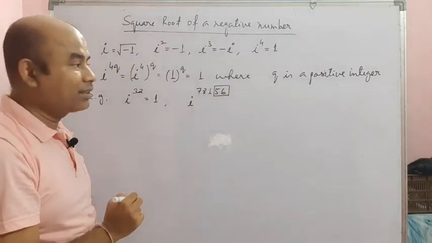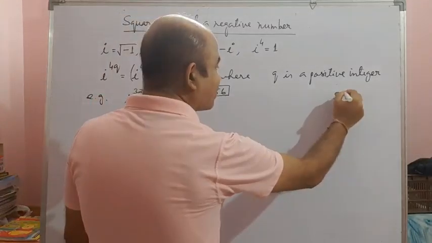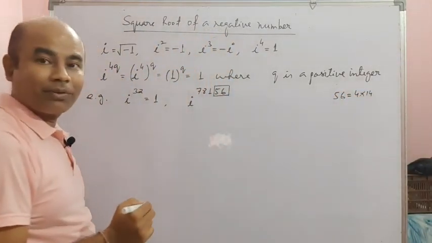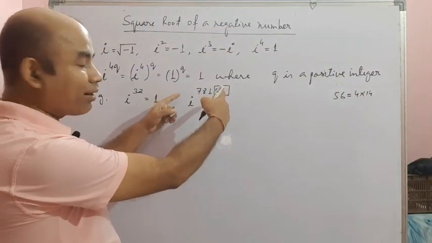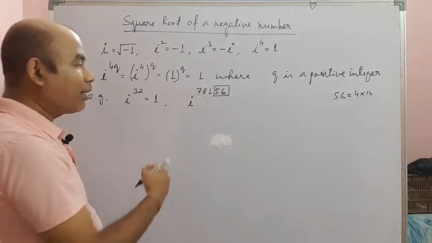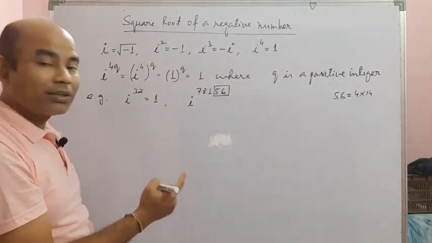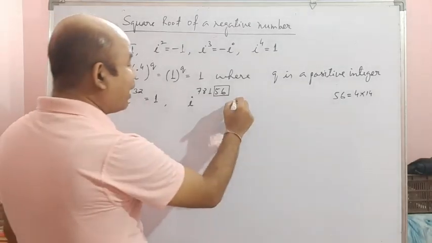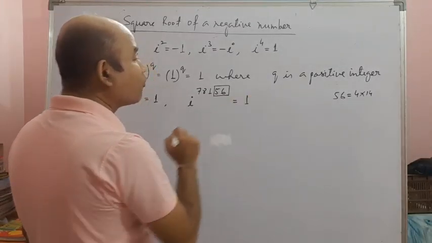That means 56. As you know that 56 is equal to 4 into 14, it is a multiple of 4. So the entire number 78,156 is exactly divisible by 4. As a result, this value is equal to 1.